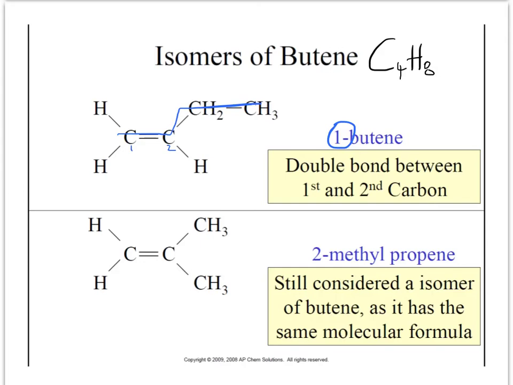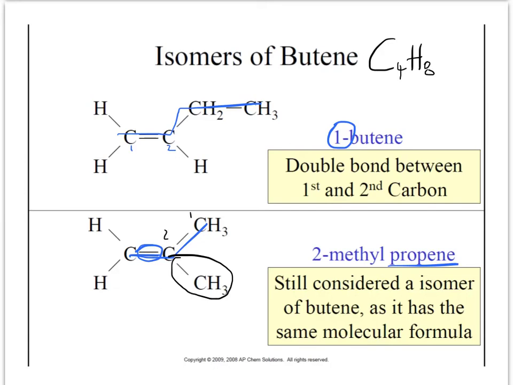If we look at this other one, we still have 4 carbons, but now it makes kind of this Y shape. And as a result, with that Y shape, we have a 3-carbon chain right here. And so that would be propene, because it has the double bond with a 3-carbon chain. And then branching off of that 3-carbon chain, there is a methyl group, and that methyl group is on the 2nd carbon.